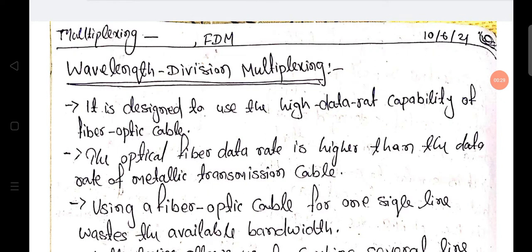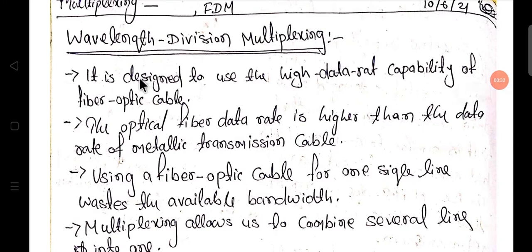It is designed to use the high data rate capability of fiber optic cable. That means wavelength division multiplexing is mainly used in fiber optic cable communication, where the data rate is higher than the general metallic transmission cable.